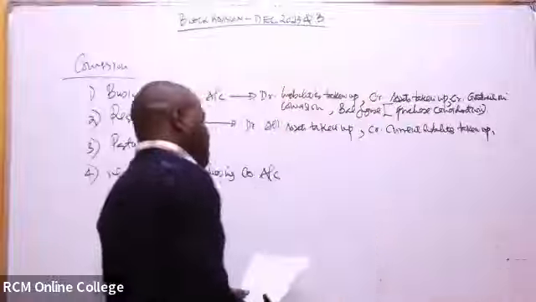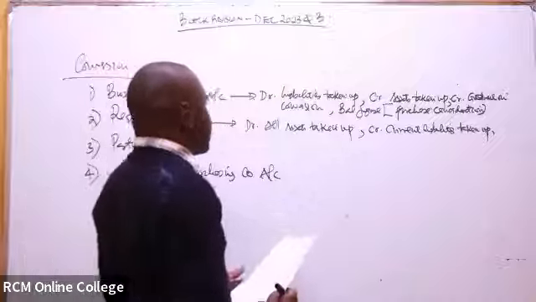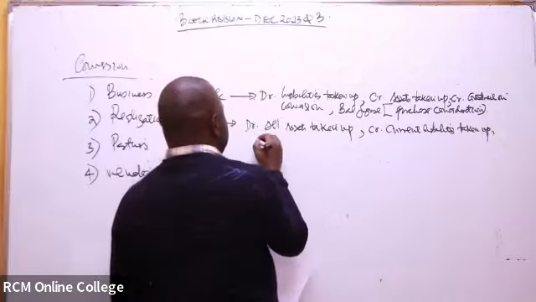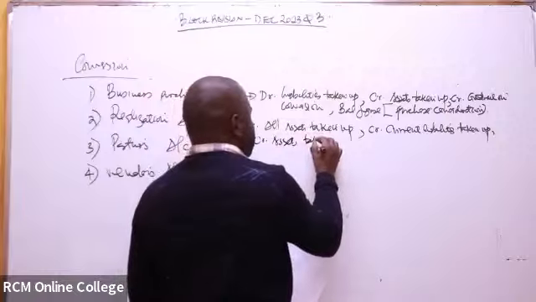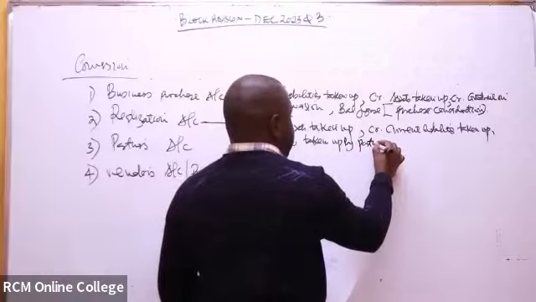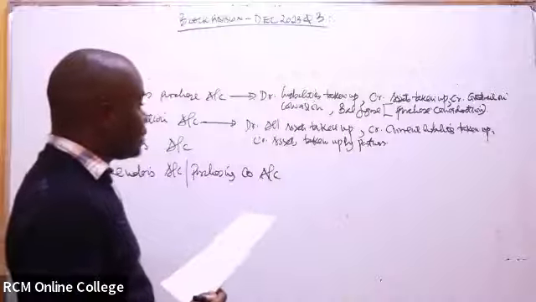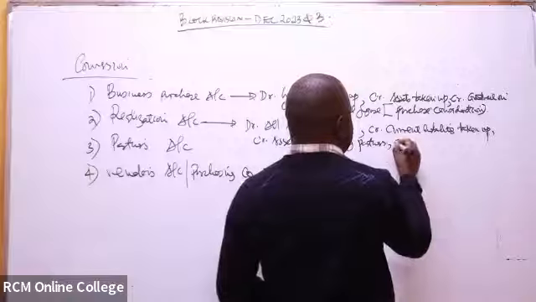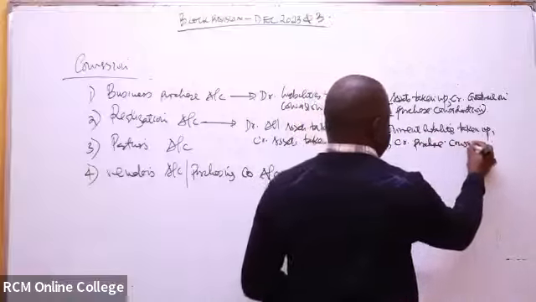Then in any case, there was a partner who took an asset that never went to the newly formed company. So you also credit assets taken up by partners. Then you credit the purchase consideration.